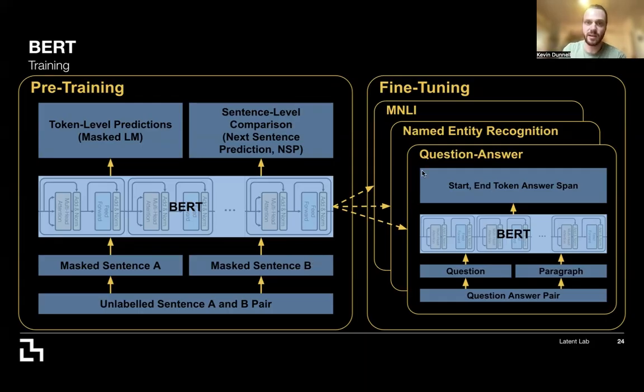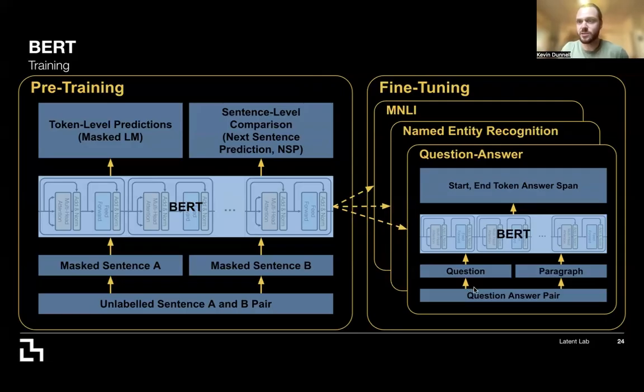A broad way of thinking of these is that pre-training is largely unsupervised: taking text from the internet and randomly masking tokens to try to predict which token was masked, as well as predicting whether this is the next sentence. That can be done by taking neighboring sentences from Wikipedia articles, and then diverging sentences that are randomly chosen throughout Wikipedia articles.